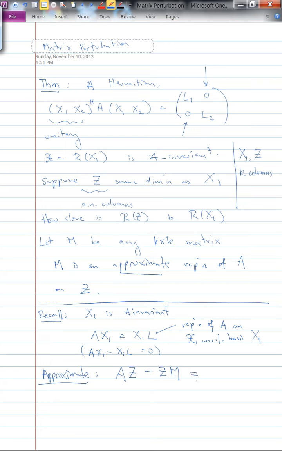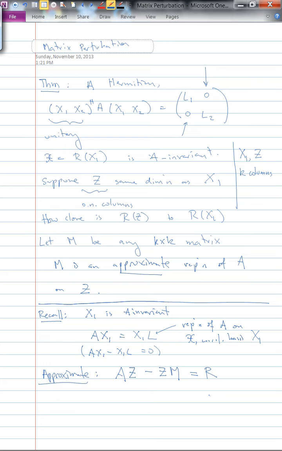Let's suppose that this is not equal to 0. If it were equal to 0, we would know that the columns of Z span an invariant subspace, and M is a representation with respect to Z. So instead, let's suppose that this has some residual R.